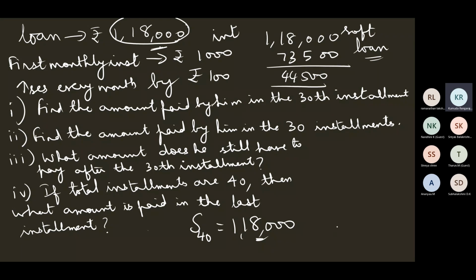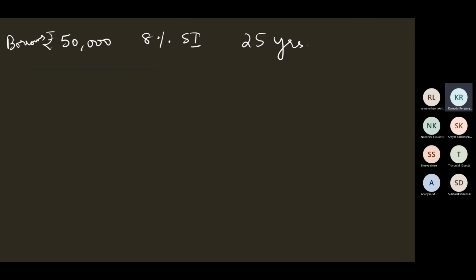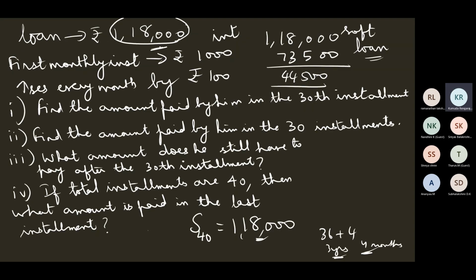So 40 monthly installments means 36 months plus 4 months, which is 3 years and 4 months. So the person who gave the loan is not charging any interest for 3 years and 4 months. Now supposing S40 was 2 lakhs, then the difference is the interest charged.